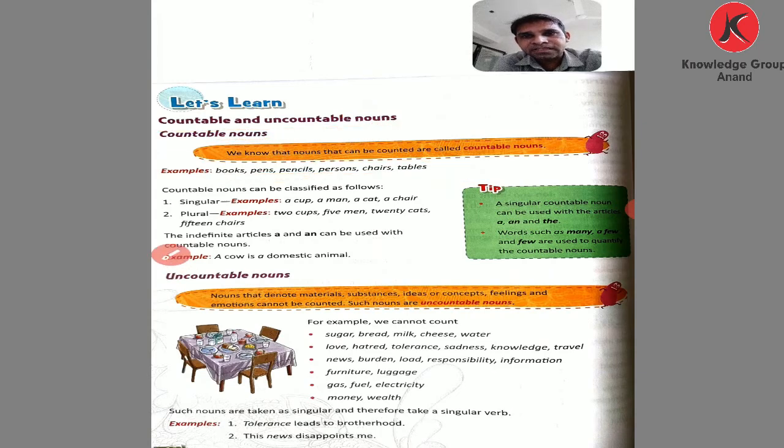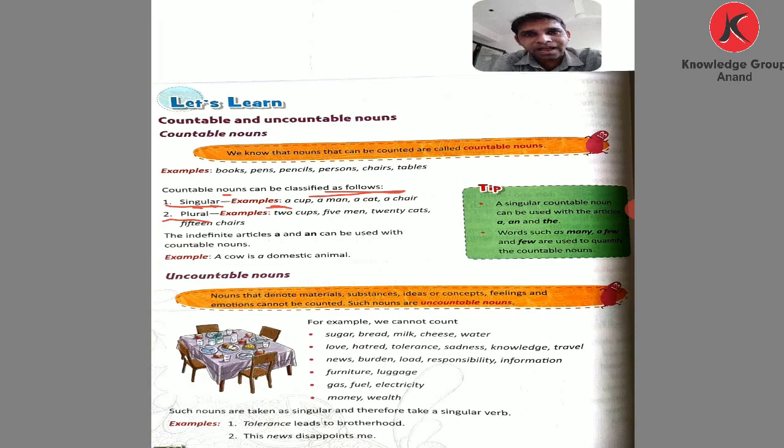Now next, see here given, countable nouns can be classified as follows: singular and plural. Okay, countable nouns we can classify. How? See, if we count a singular person, what article can we put?